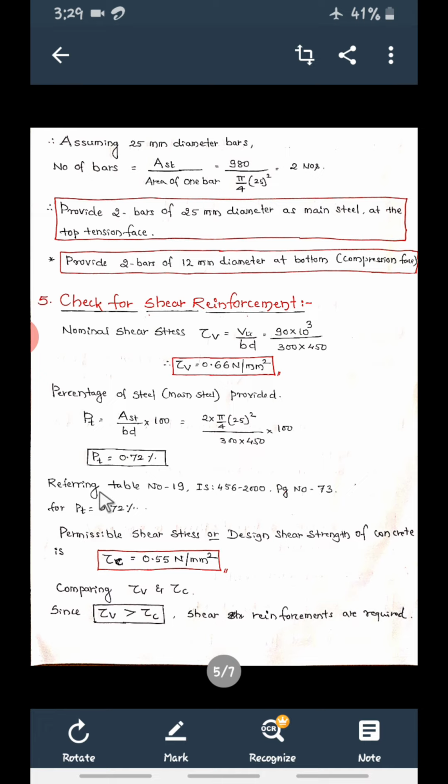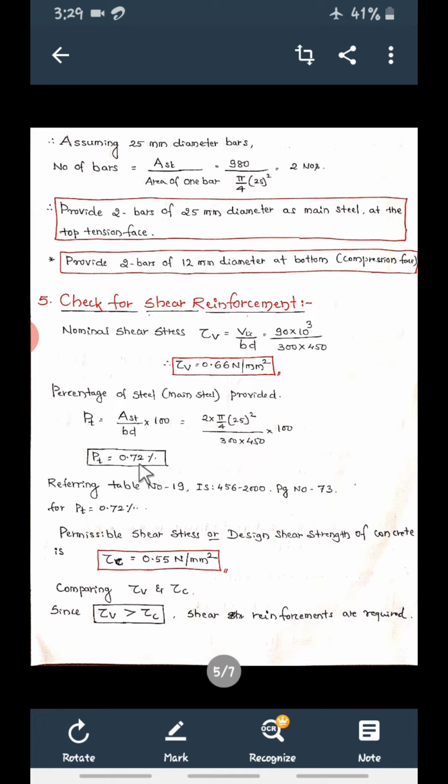Now referring to Table number 19, already we have seen in the previous problems also. Refer Table number 19 of IS 456:2000, go to page number 73, where first you have to see 0.72% PT.